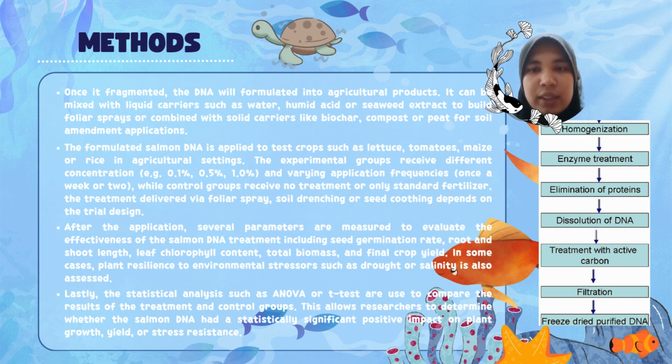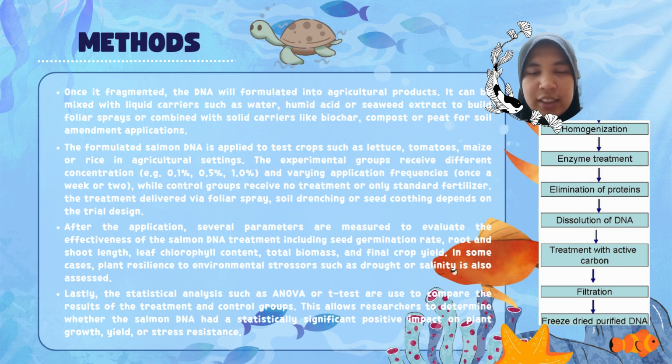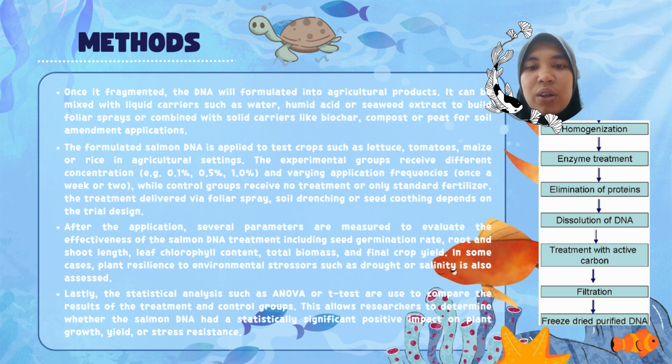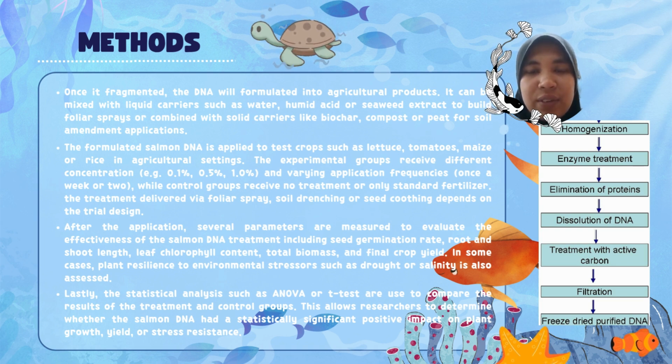The formulated salmon DNA is applied to test crops such as lettuce, tomatoes, maize, or rice in agricultural settings. The experimental group received different concentrations and varying application frequency, while the control group received no treatment or only standard fertilizer. The treatment is delivered via foliar spray, soil drenching, or seed coating depending on the trial design.